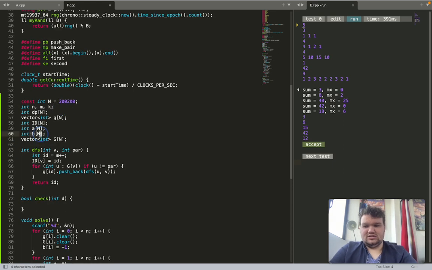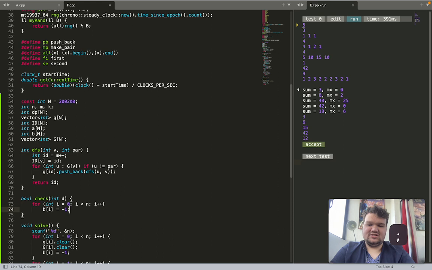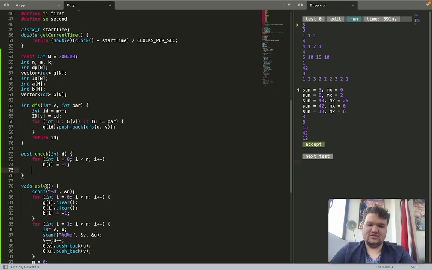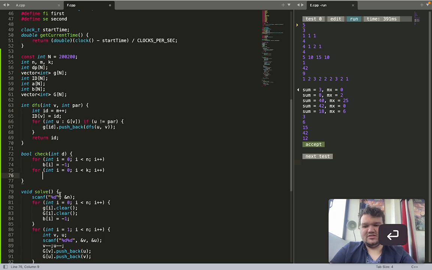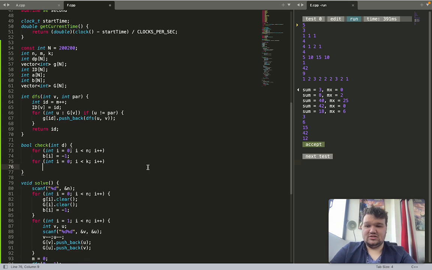So in array B we will say -1 if it is not a start of any path, and otherwise the length of the path we should traverse from this vertex, which is d divided by k plus 1 for some prefix, and that prefix is of length d mod k.